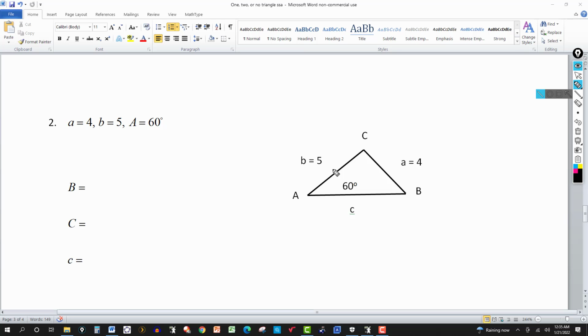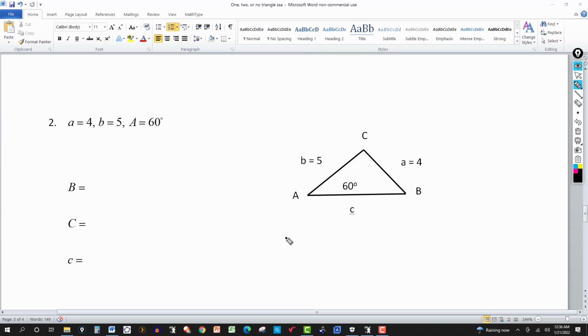Well, 4 is not greater than 5, so I'm not guaranteed that there is a solution. Now I could go ahead and find the measure of this altitude, and if 4 is less than that, then I know I can't have a triangle. But if you follow these procedures, you don't have to go through that. So I'm just going to assume that I have a solution, and I'm going to say, well, let's try to find angle B.